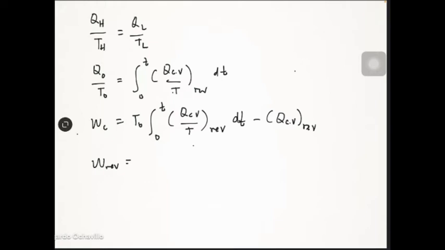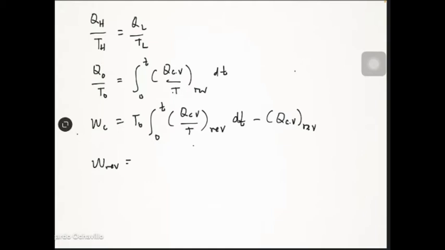So this is of course minus this quantity M2 times (U2 plus V2 squared over 2 plus GZ2), minus M1 times U1. No, this is not H2, this is U2.